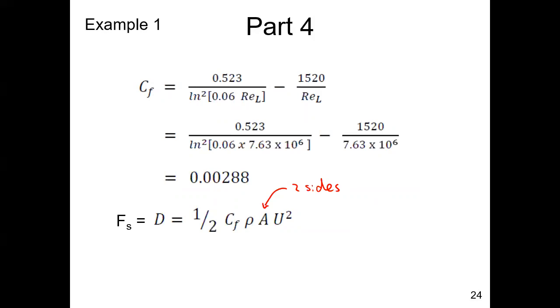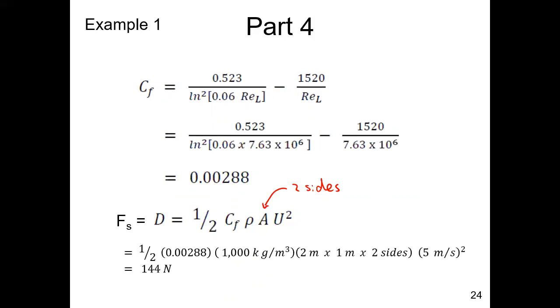In some of your problems, the plate is only submerged on one side. For example, the bottom of a barge, or the outer shell of a train. So in this case, we're substituting all that information into this equation, and we get a drag force of 144 newtons. Are there any questions on this one?